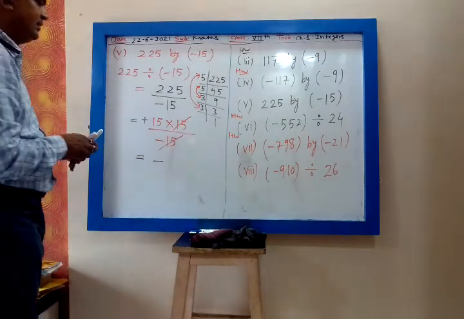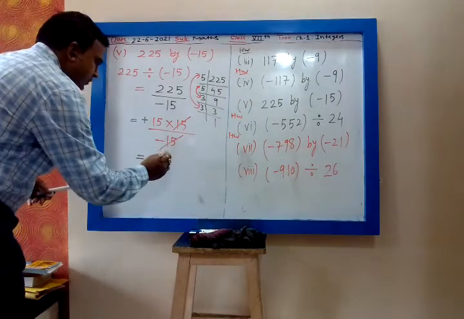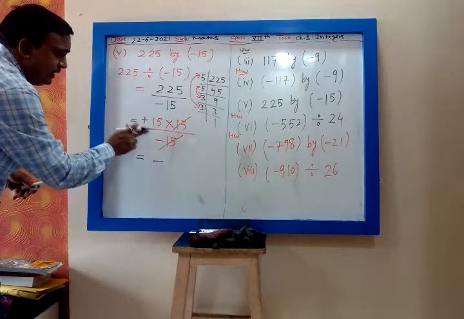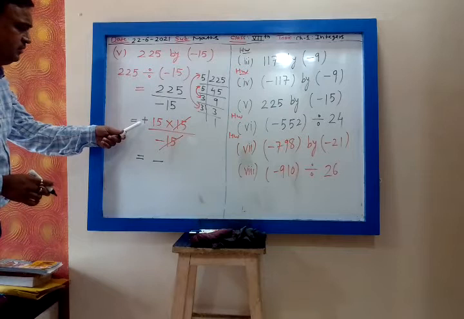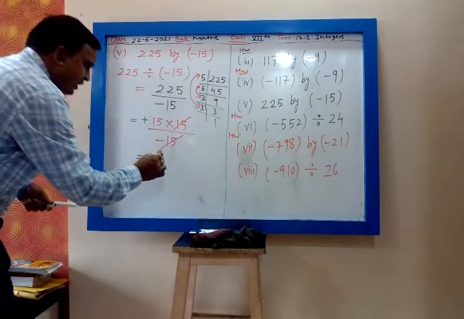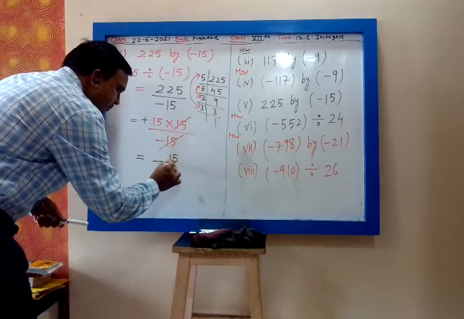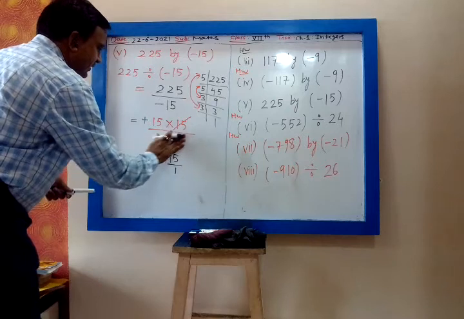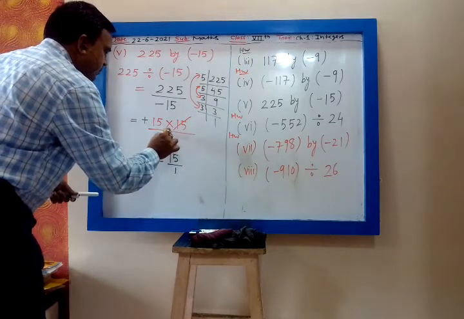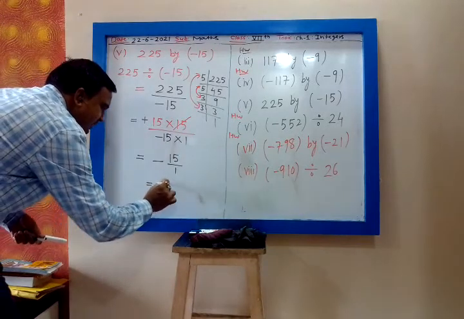So what is left? Minus 15 upon 1, that is minus 15.